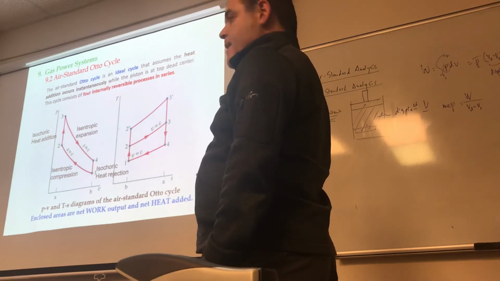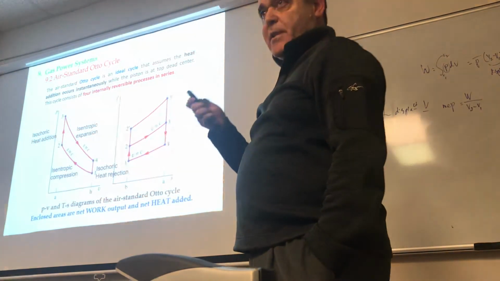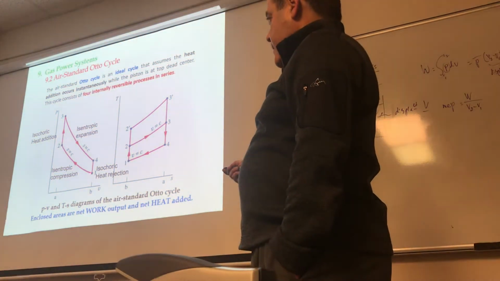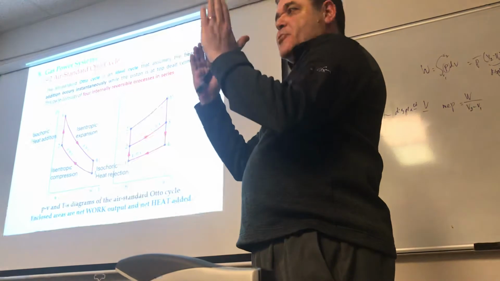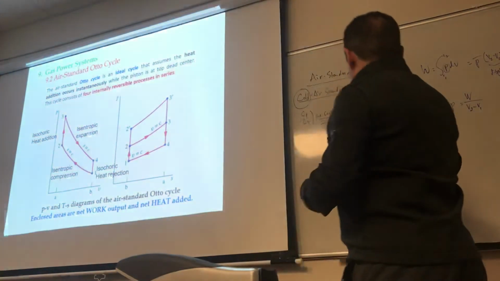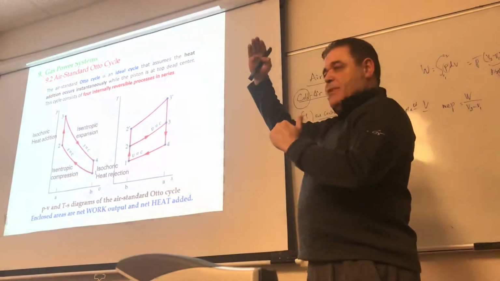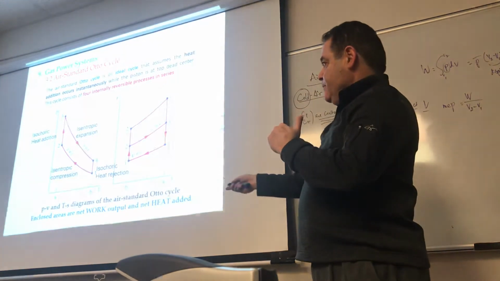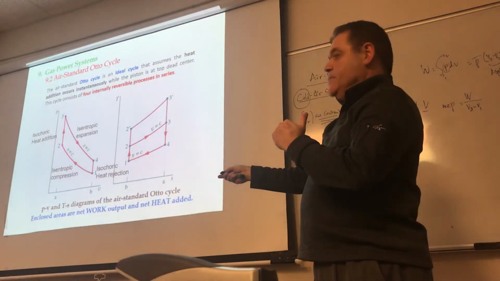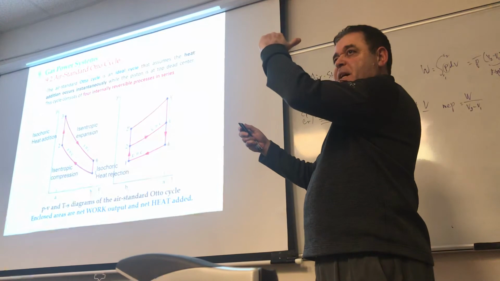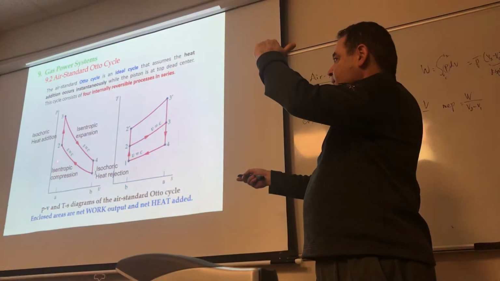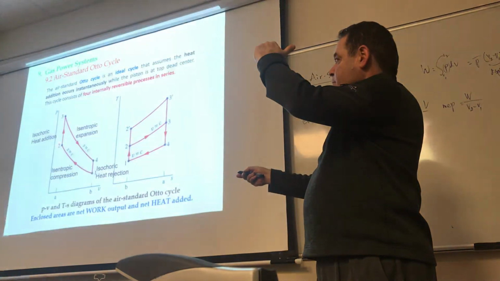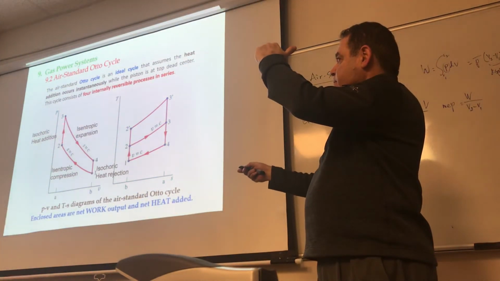So here we're not saying that we have an intake or something like this, because your air is the same air that you're talking about. That means that the piston is at the bottom dead center. I have my amount of air, right? And then between 1 and 2, what happens? I'm compressing it isentropically.